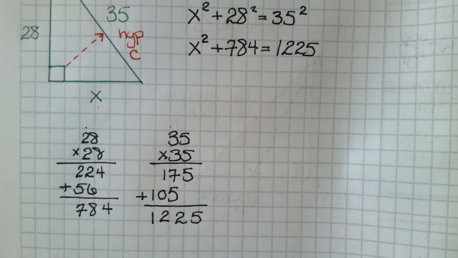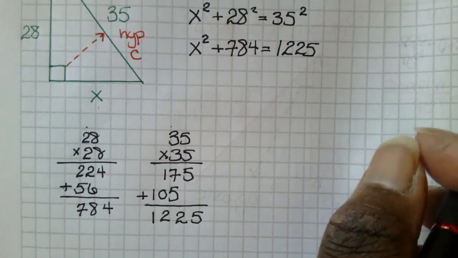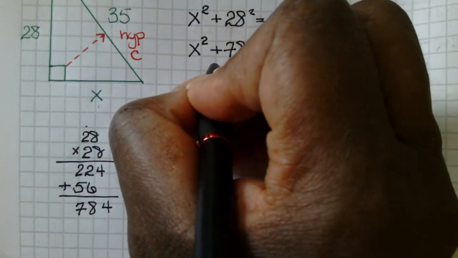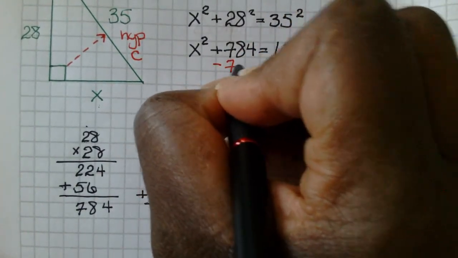So we're going to subtract the 784 on both sides. Good. We're going to subtract the 784 on both sides.